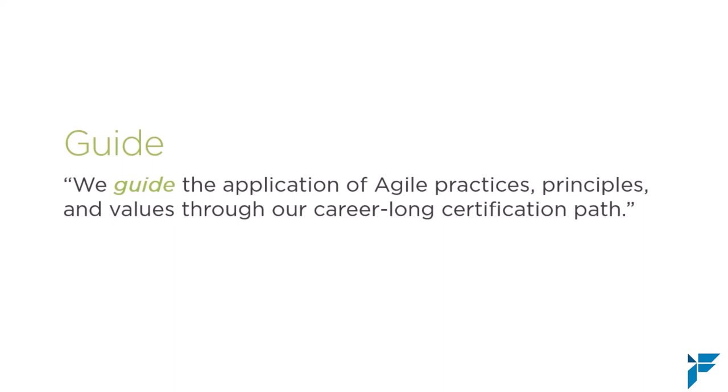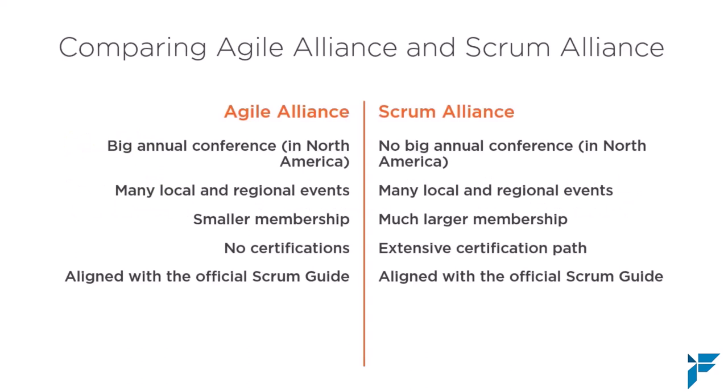Here's how I look at these two organizations. In North America, the Agile Alliance is best known for its big, week-long Agile conference that has over 200 breakout sessions and over 2,000 attendees. It's a big-time event for Agile practitioners of every stripe.